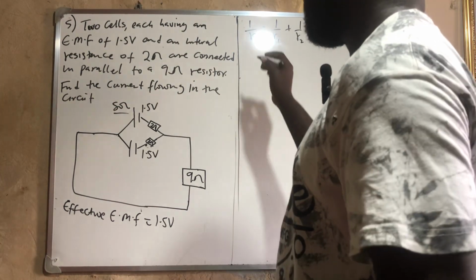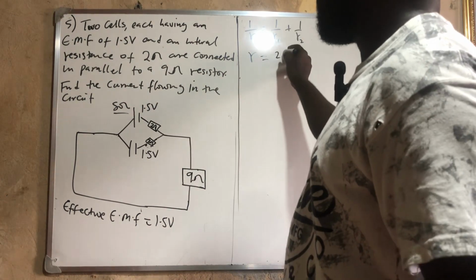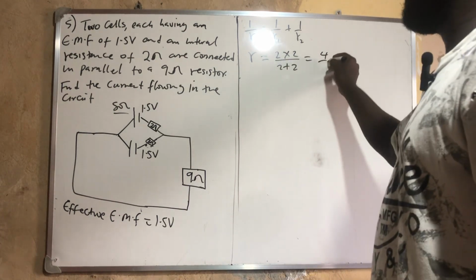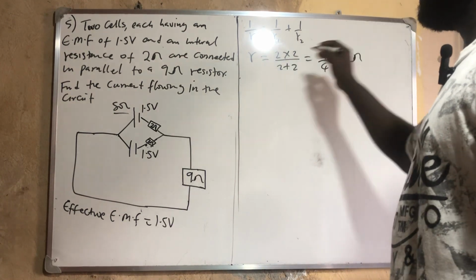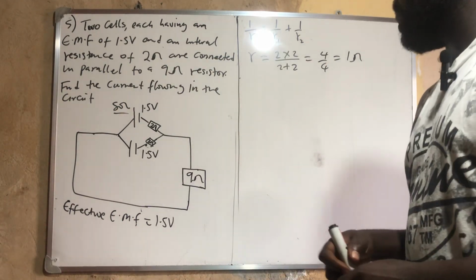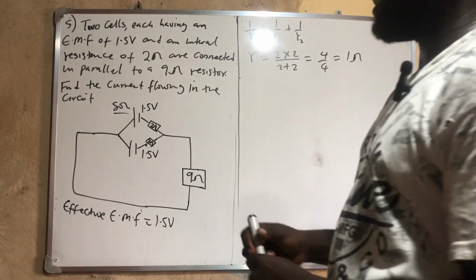But the short form to get it is that the multiplication goes up while the addition goes down. So I have 4 over 4, which is 1 ohm. So the effective resistance for the internal one is 1 and not 2. You have to be very careful. That's the mistake I made.